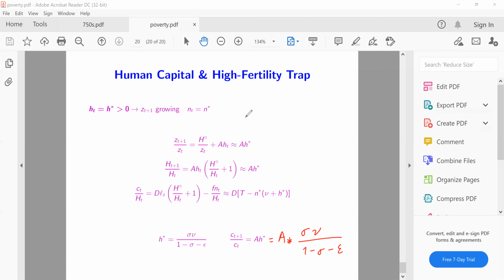And within that setup, I don't have it in these slides, but you can also, of course, find the steady state fertility level, and importantly, steady state fertility level with education is lower than steady state fertility level without education. Okay, so in the paper, the authors explain how you find this approximation.